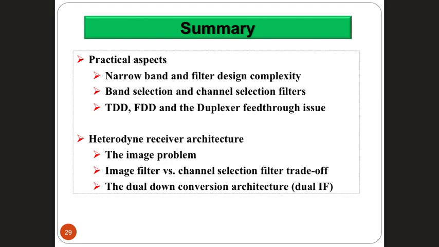Then we looked at a more practical solution to the filtering and image rejection issues in heterodyne receivers by looking at multi-stages, particularly the dual IF or dual down conversion architecture.